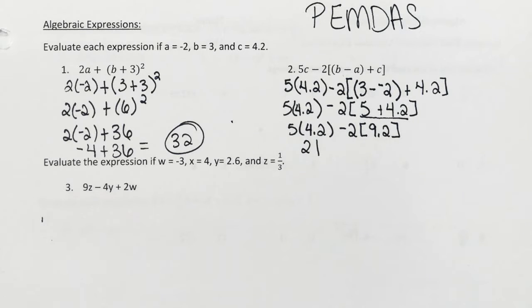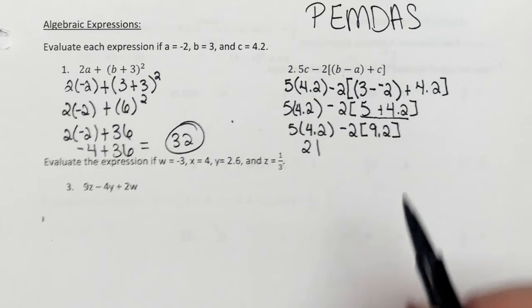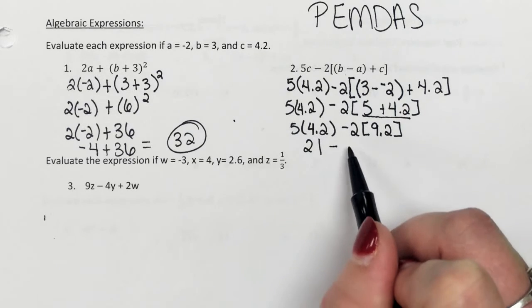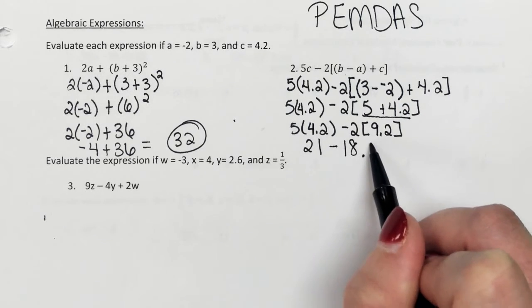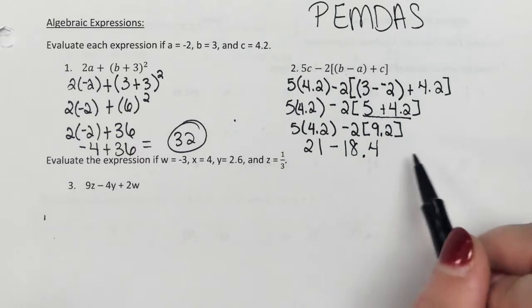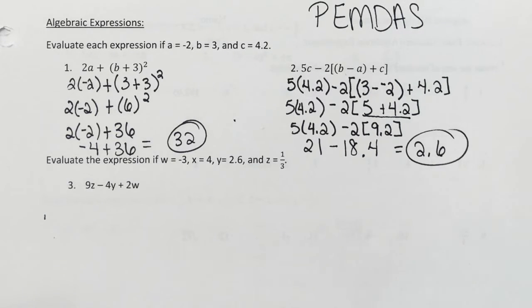See any other multiplication? Yes. What you see? 2 times 9.2 is how much? 18.4. Now what? What you got when you subtract them? There you go. Y'all okay? Yeah or no? Yeah? Okay.